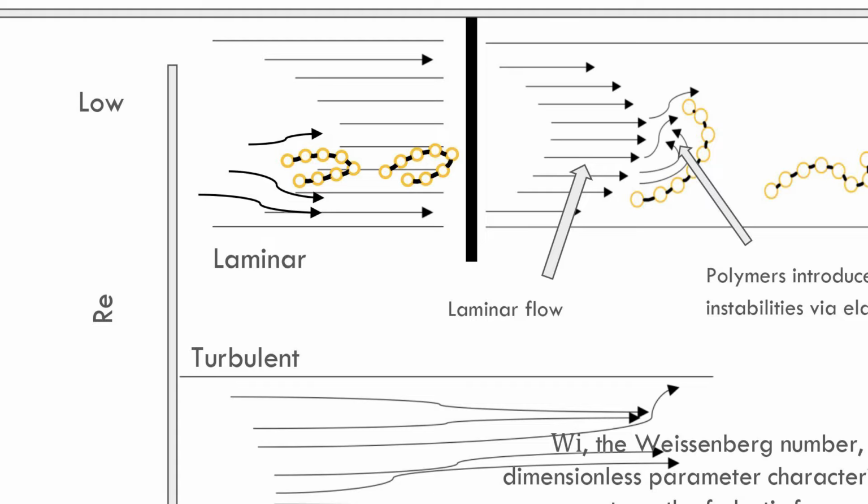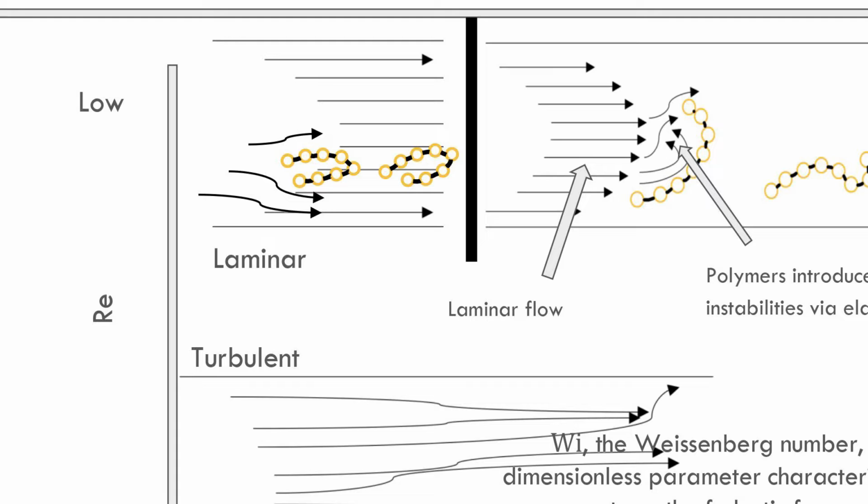So just to start with, in regular flow, we use the Reynolds number to characterize flow. It's a ratio between inertial forces and viscous forces, with a low Reynolds number indicating laminar flow and a high Reynolds number indicating inertial turbulent flow. And we have some threshold between them that characterizes when that transition occurs. Now, when we add polymers to the mix, then we introduce an analogous Weissenberg number such that the Weissenberg number characterizes the strength of elastic forces.